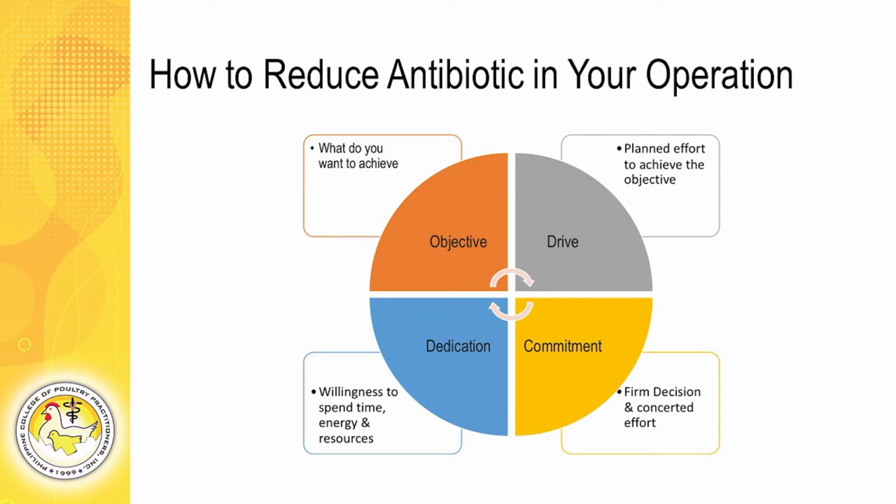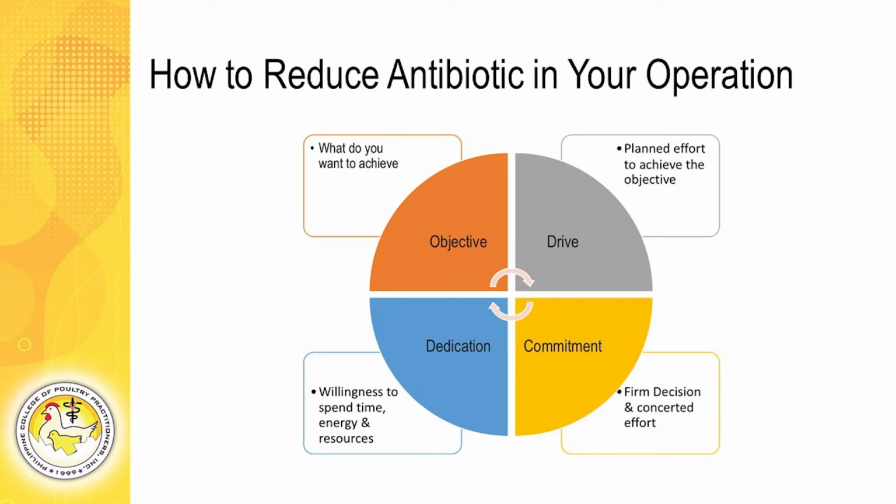First, the objectives, or what we want to achieve, must be defined. Then there should be a planned effort to achieve the objective. The management must take a firm decision and rally for the concerted effort of everyone. Also, the management must be willing to spend time, energy, and resources towards achieving the objective.